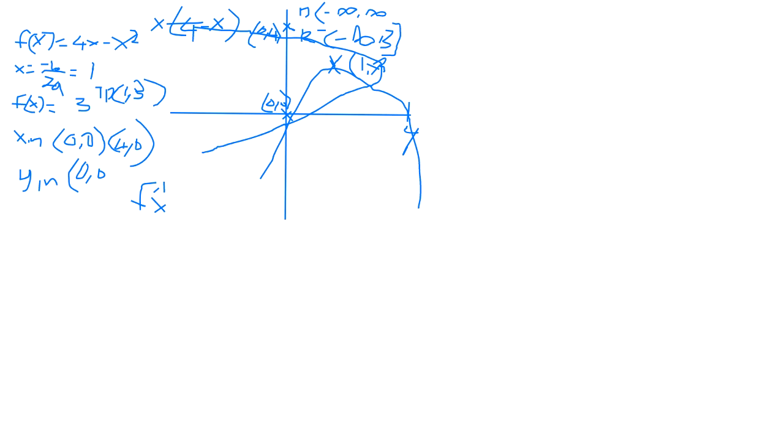So for the inverse graph, the domain will be negative infinity to 3, and the range will be from negative infinity to positive infinity.